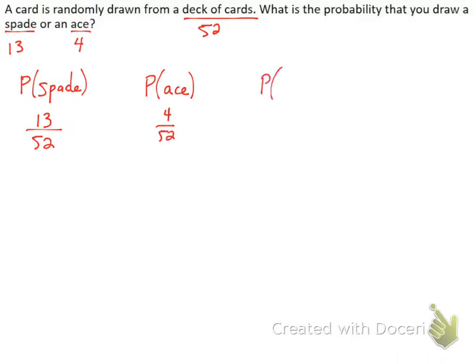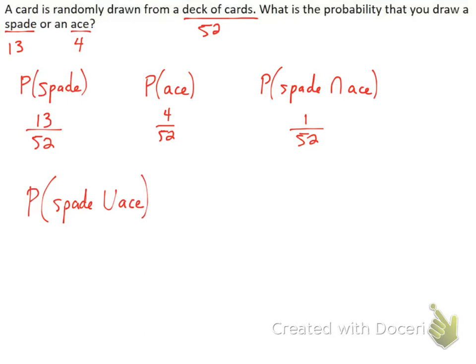And then the probability of a card being a spade and an ace. There's only one card that is a spade and an ace. It's the ace of spades, and it's out of the 52 cards that we have there. So again, to find the probability that something is a spade or an ace, I can do 13 over 52 plus 4 over 52, and then minus 1 over 52.